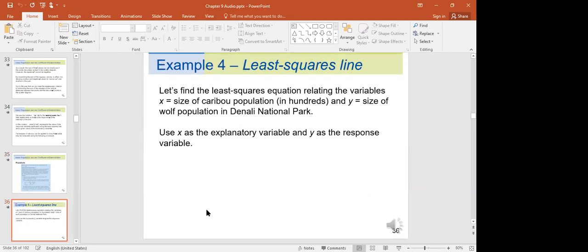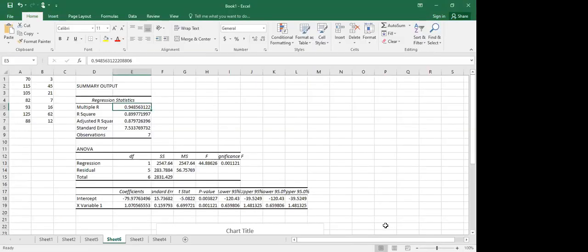So before we get to this example, I want us to go back to Excel. And in Excel here, I want you to identify two more values. What we call here the intercept is the value A. This value A is called the intercept.